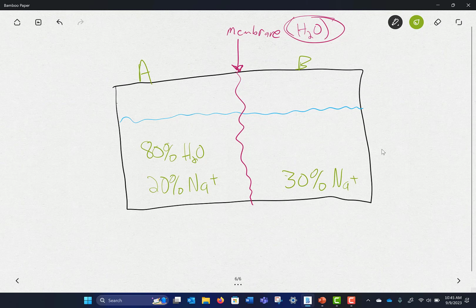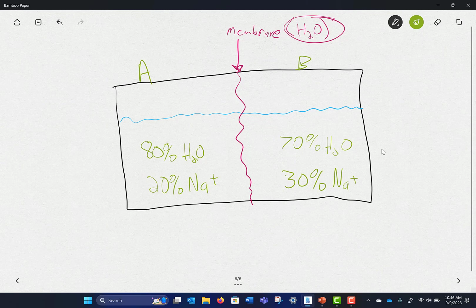Now ignore solution A and let's look at solution B. We have a 30% sodium solution. What do we automatically know? We know that the other 70% is water. Make sure that makes sense. When they tell us the solution of something, the concentration of something, they are telling us the concentration of the solute.